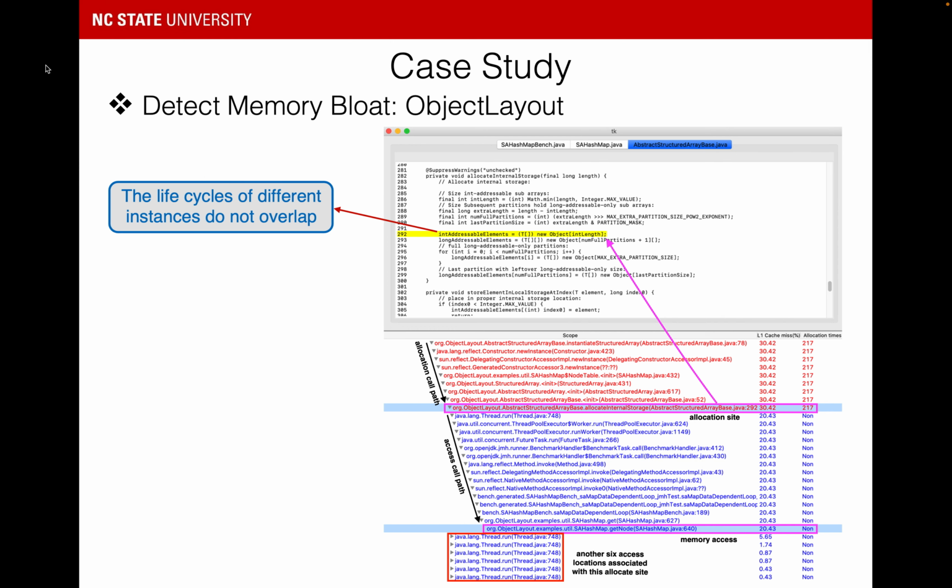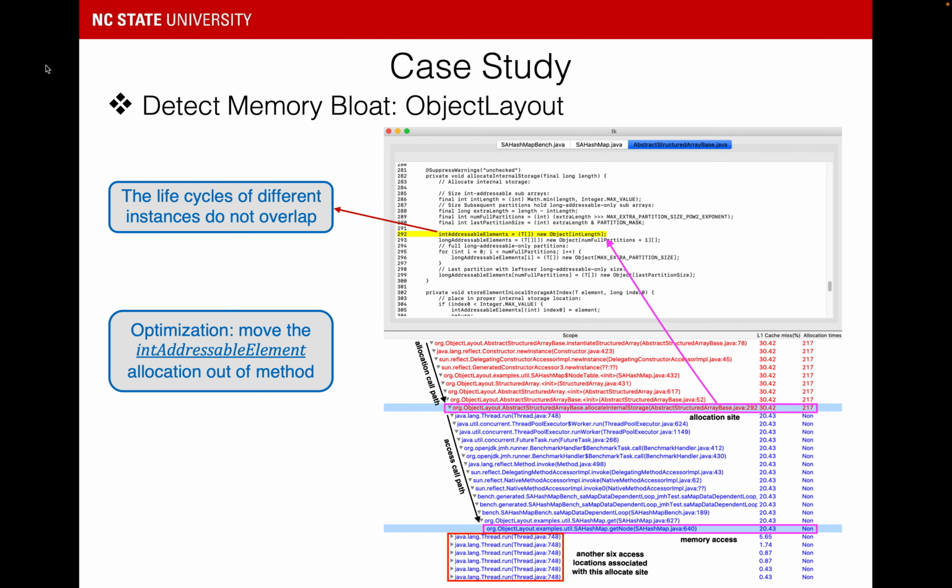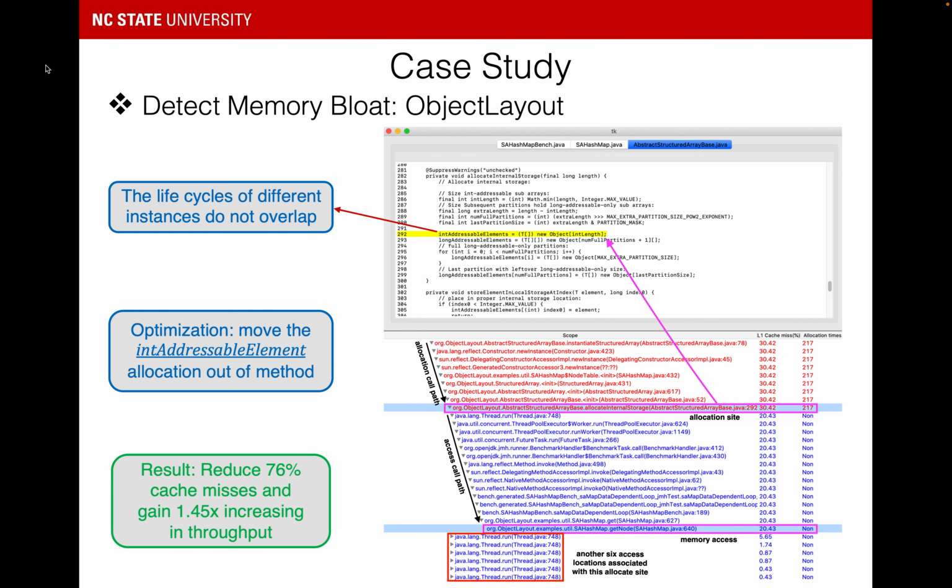To avoid memory bloat, we move the allocation site out of the method, because this method is invoked repeatedly. We optimized 3 other problematic objects with similar methods, and our optimization reduces total cache misses by 76% and gives a 1.45 times increase in throughput.